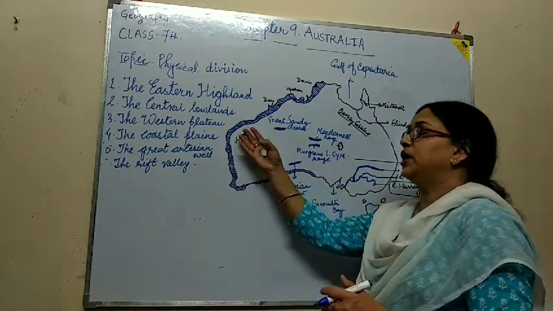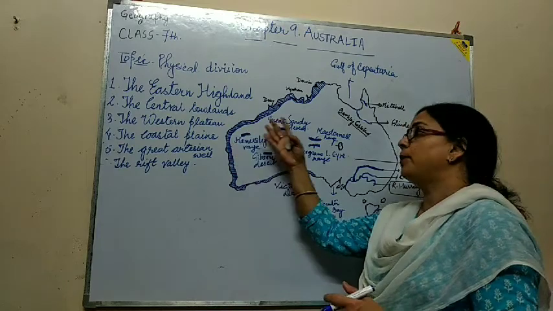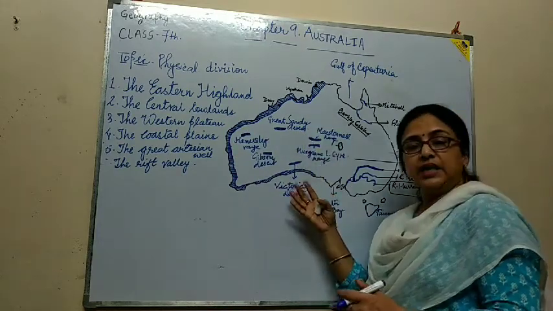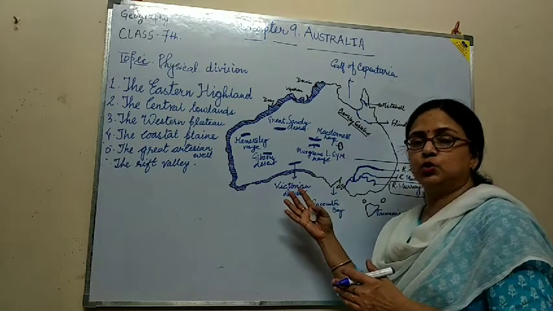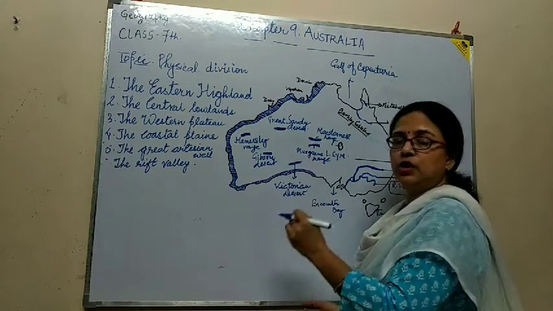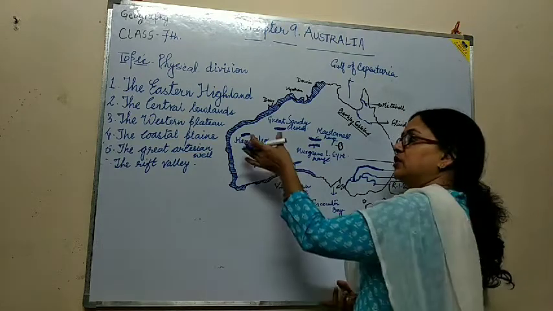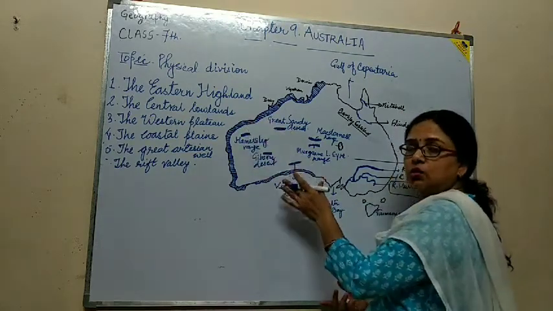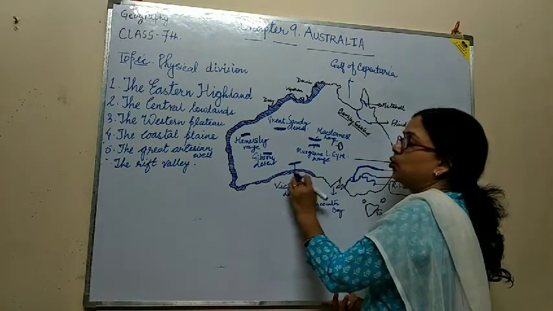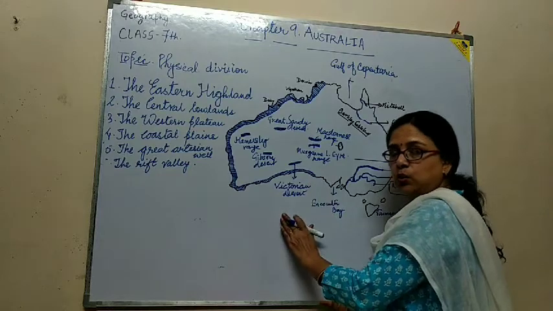The Western Plateau is sloping steeply towards the sea, which gives rise to a smooth and even coastline, especially in the south.